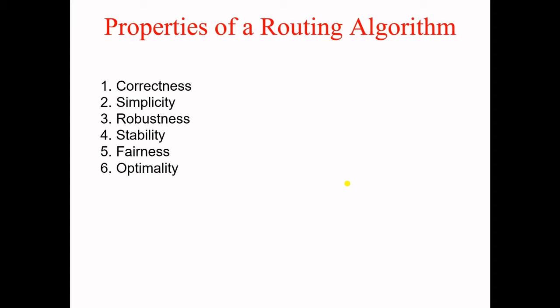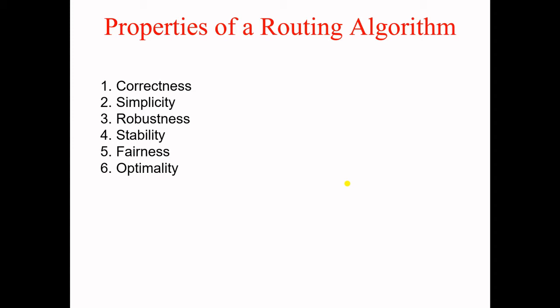There should not be any bias, where one node in the network is sending packets and another node is not getting the chance to send. So in fairness, every node should get a fair chance of transmitting its packets. This is generally done on a first come first serve basis. So this is the fifth desired property of routing algorithms.